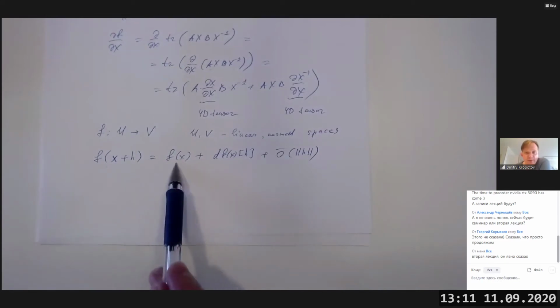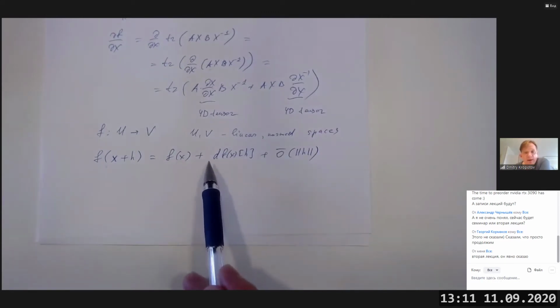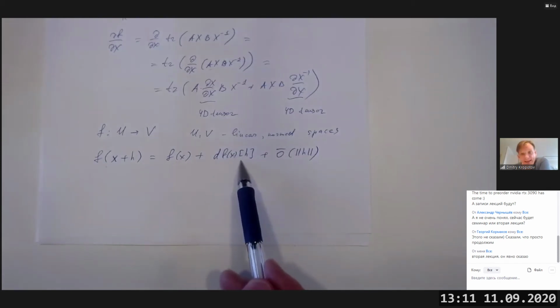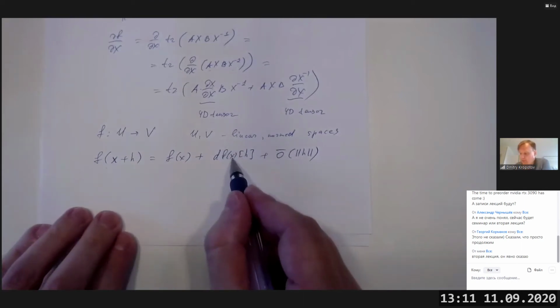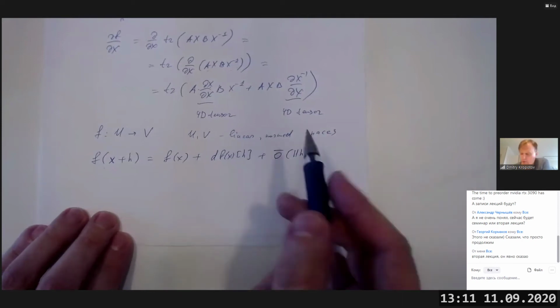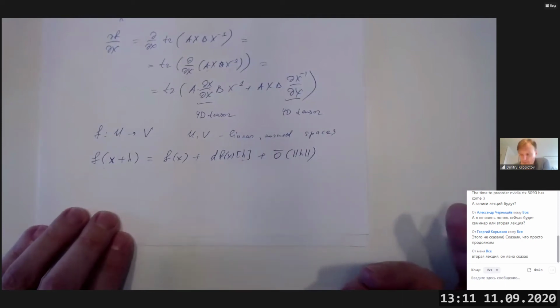The difference between these two things can be expressed as some linear operator with respect to the input h. So if x is fixed here, this function, as a function of the increment h, is a linear operator.